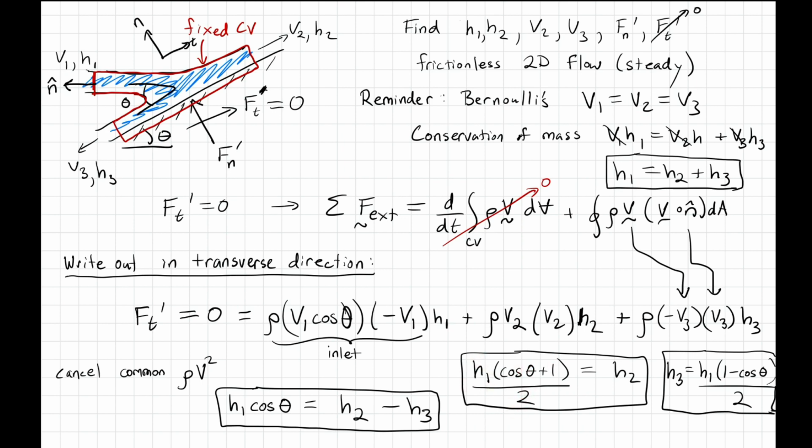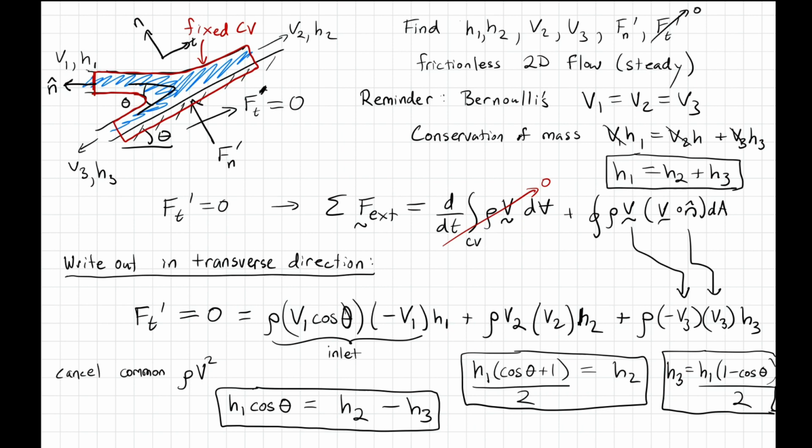In that case, h1 is equal to h2, which makes sense, right? So if theta here is 0, basically I expect that this jet will just continue moving down the line. So h1 would be equal to h2. Let's check that in that situation, h3 would be 0, right? So 1 minus 1 is 0, and so h3 in that situation would be 0.